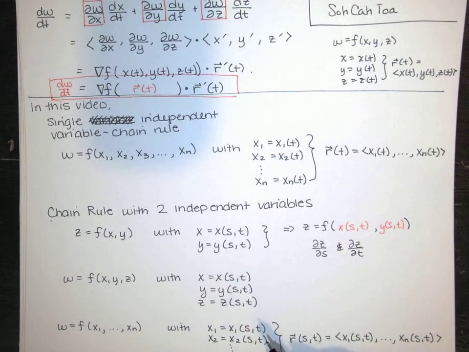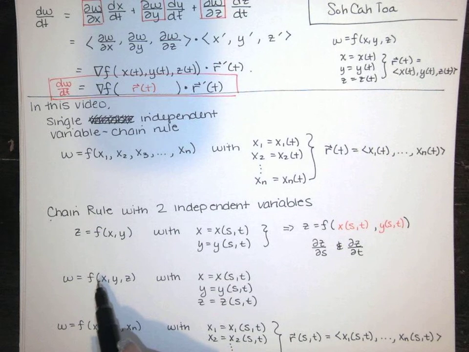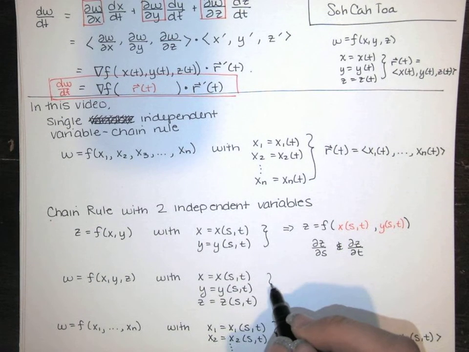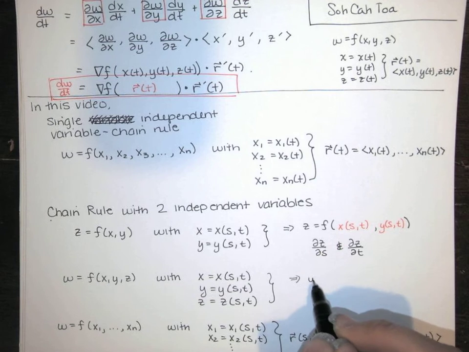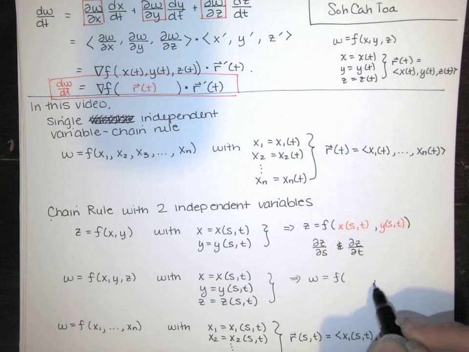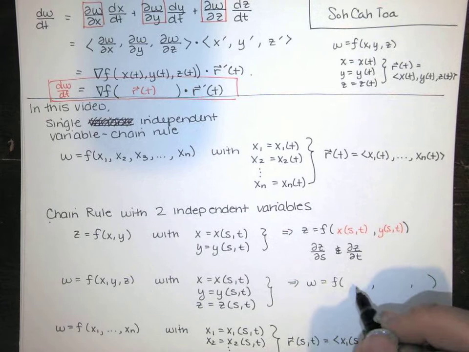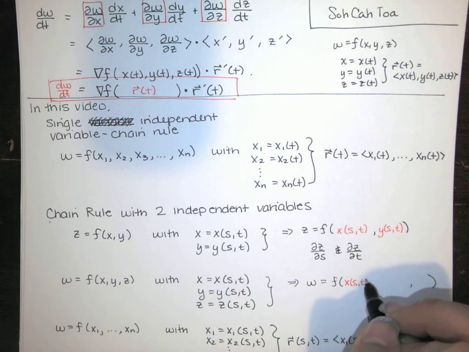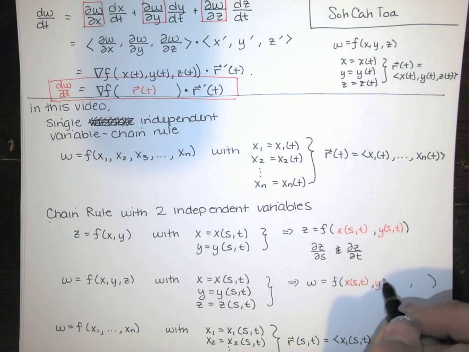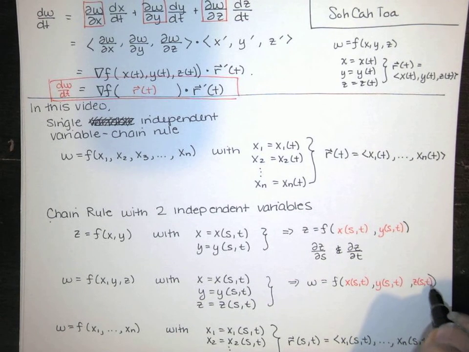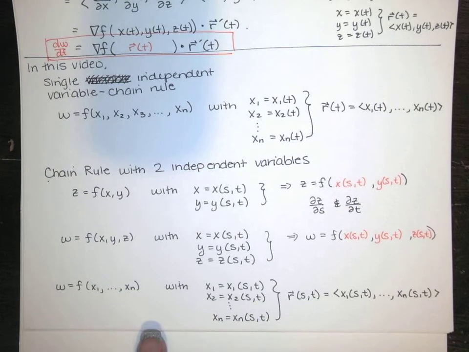And the same is true here. If w depends on x, y, and z, and x, y, and z all depend on s and t, we can put all of that together. I replace x with x of s and t, I replace y with y of s and t, and I replace z with z of s and t. And the pattern continues.